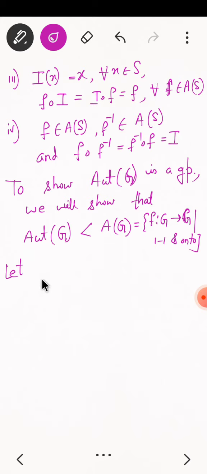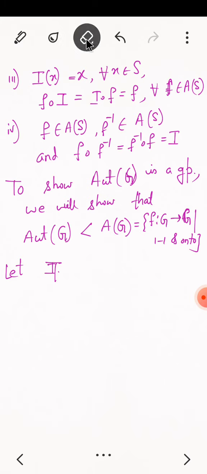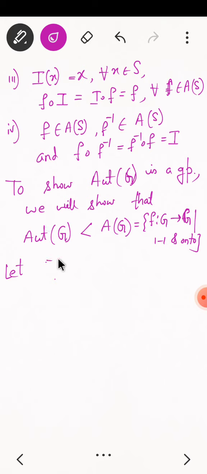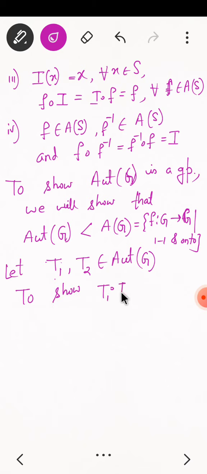For that, we take two elements T1 and T2 in Aut(G). Let us show that T1∘T2 is also in Aut(G). Since T1 and T2 belong to Aut(G), they are both one-one and onto.